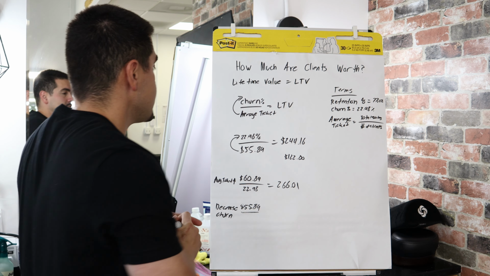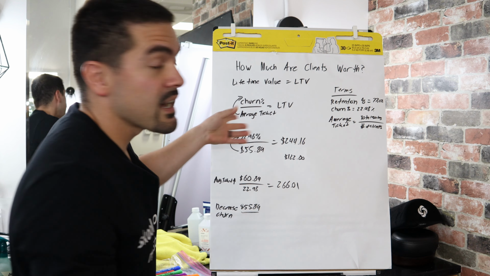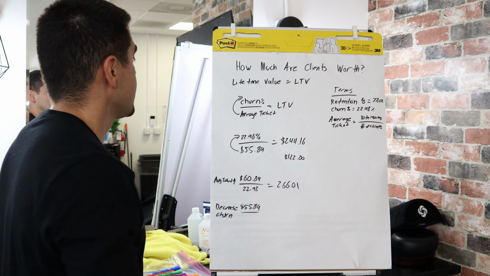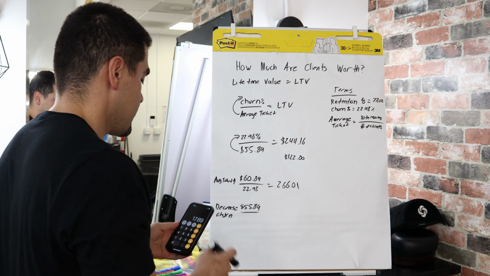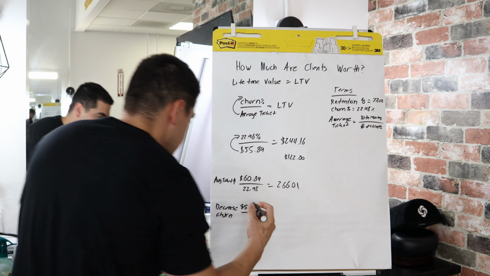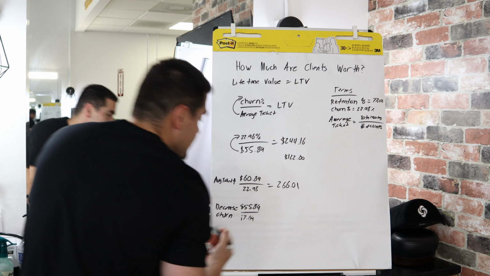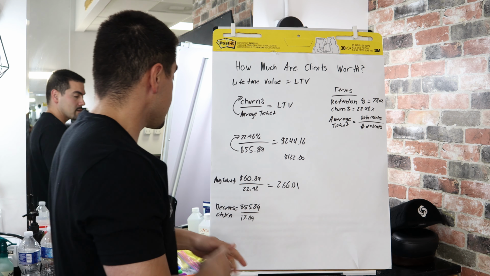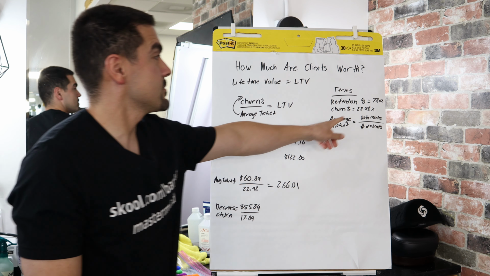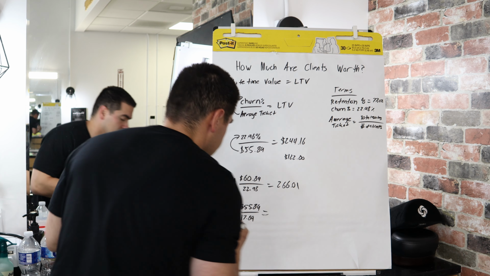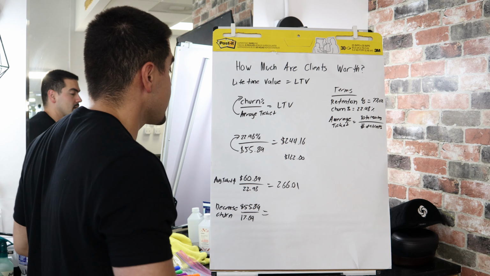But we're going to say we decrease our churn by, just to say, 5%. So we're going to take 22.89 minus 5. That means our churn is now a little less than 18%, which means we're keeping 82% of our clients.